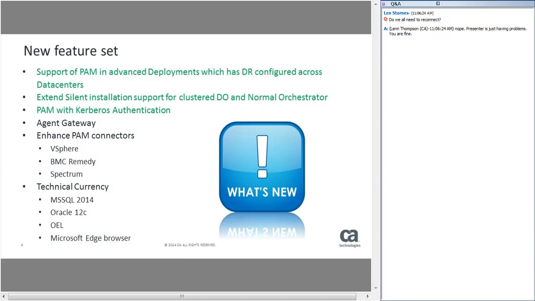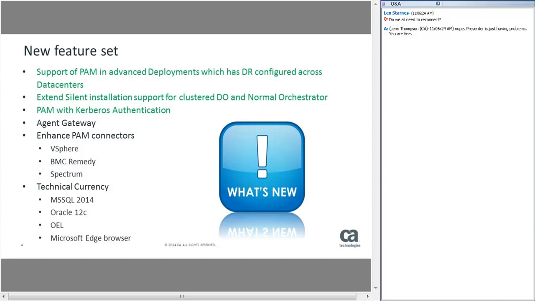The next in line is the silent installation support for cluster, domain orchestrator, and normal orchestrator. As of today, you might be well aware that we have silent installation support for domain orchestrator and agent, both. But nowadays, at least from PAM 4 to SP2, many of our customers have started using PAM in a cluster deployment, having a 3-node cluster or 4-node cluster.